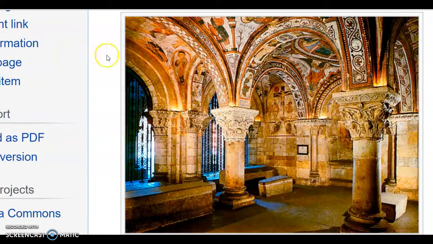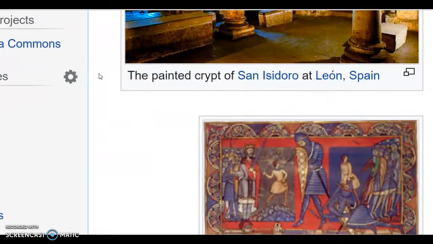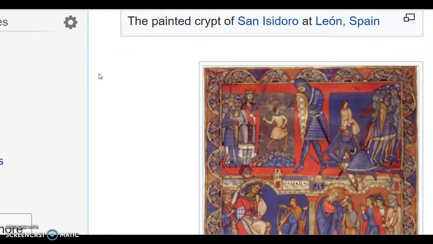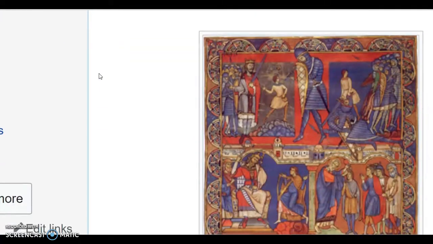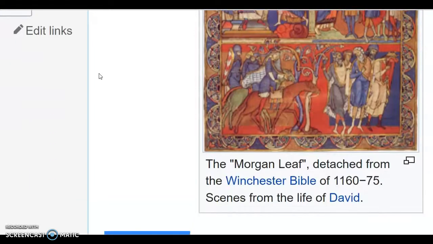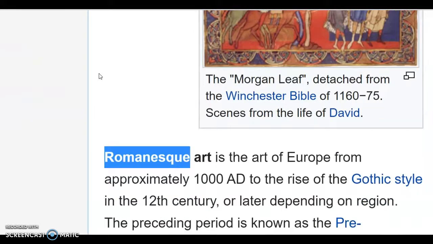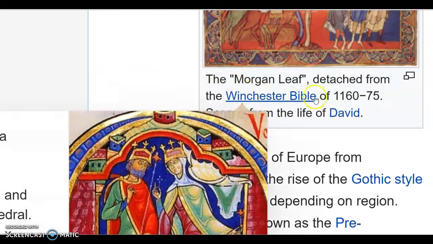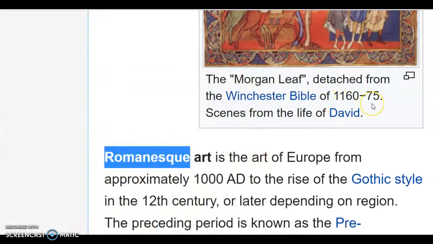So you'll see Romanesque art, right? Obviously the pillars again, arches, like the Royal Arches. Leon the Lion, right? Nice artwork on that. It's supposed to be from a very early period, 1160 to 75. Of course, all the same codes again.